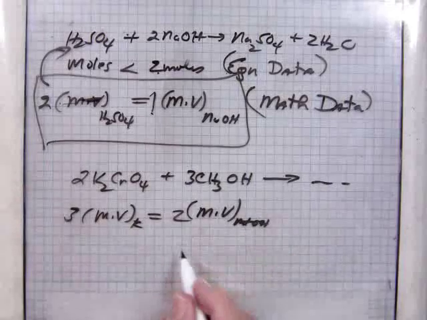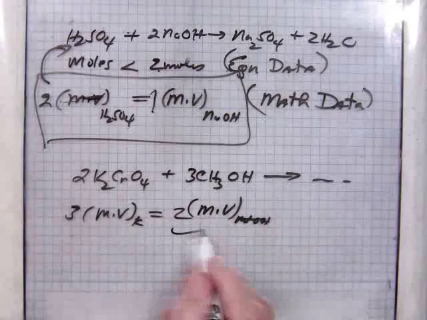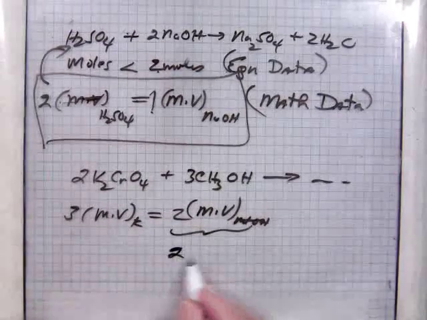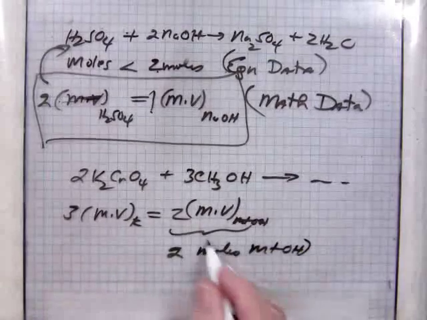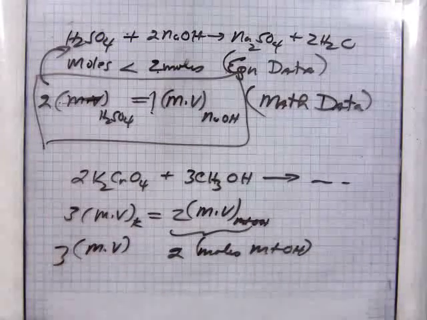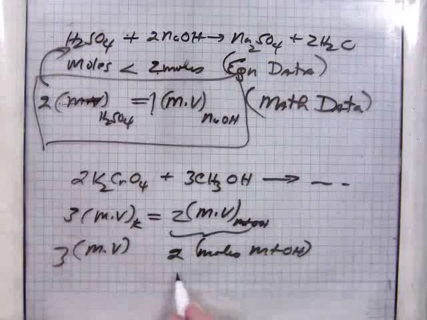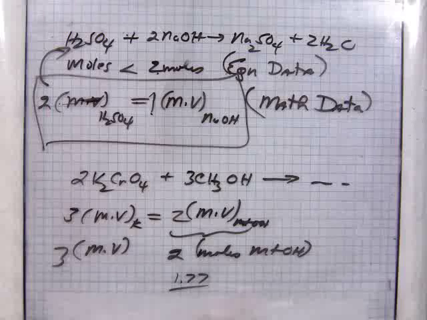Or you might have, let's see, in this one, they give you grams of methanol. Well, this side, instead of that, you'd have 2 moles of methanol. You'd work the mole-MV relationship that I showed you a minute ago. So you'd have 1.77 divided by whatever they gave you, a formula weight, didn't they?